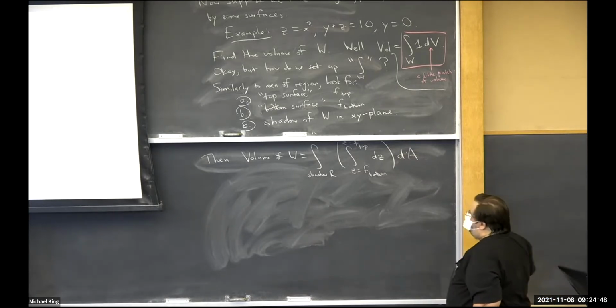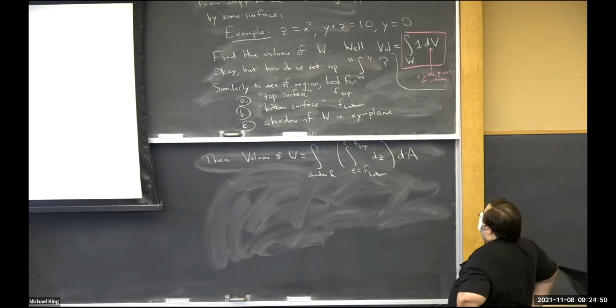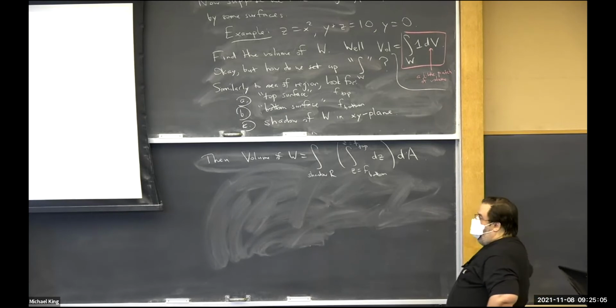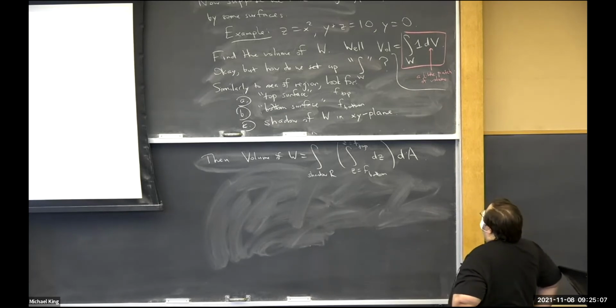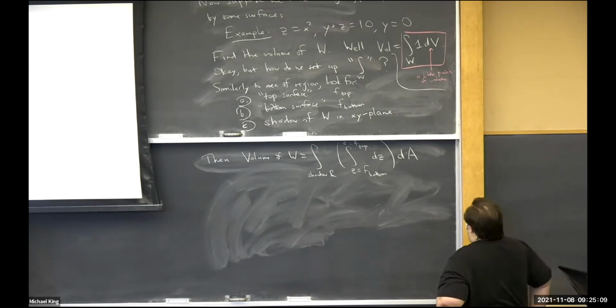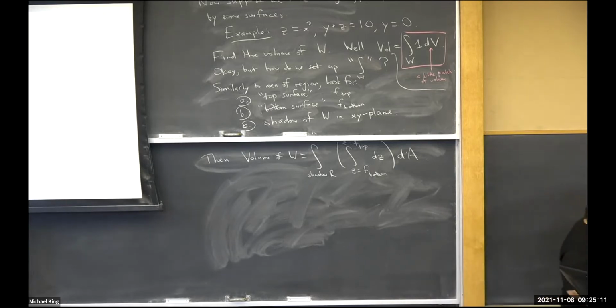Okay, so let's think about this example. We have z equals x squared, y plus z equals 10, and y equals 0. If we look at the Mathematica picture, what was the bottom?